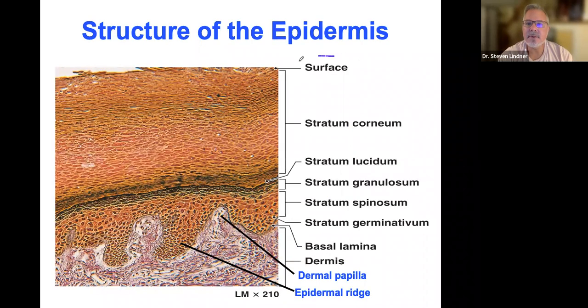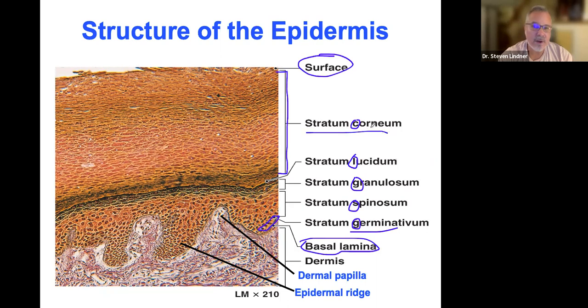So here's the apical surface. And here we have Cher loves getting skin Botox because the germinativum and the basal are usually interchangeable. It's kind of within that same area. Okay, so this uppermost portion is the stratum corneum, and that's anywhere between 25 to 30 layers of stratified squamous epithelium.